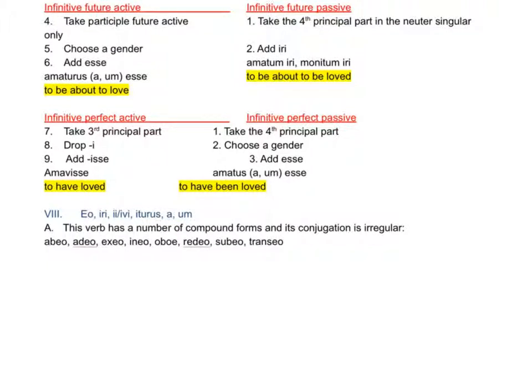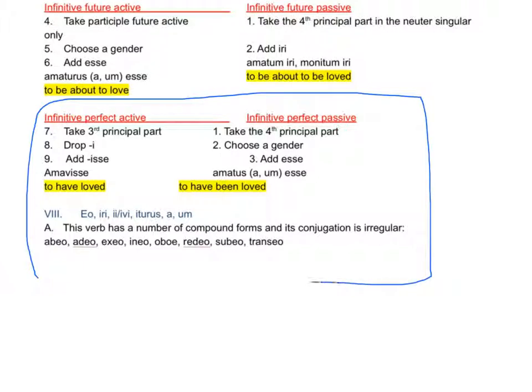Two more. There's the infinitive perfect active and the infinitive perfect passive. Infinitive perfect active starts with the third principal part. You drop the -i like you always do for the third principal part, and you add -isse. So amavi will become amavisse, and that means to have loved.